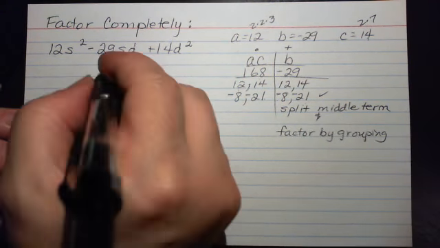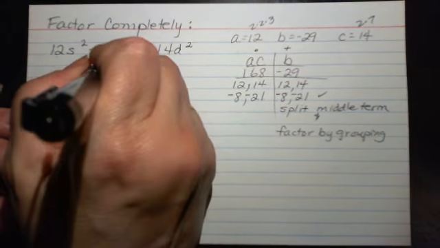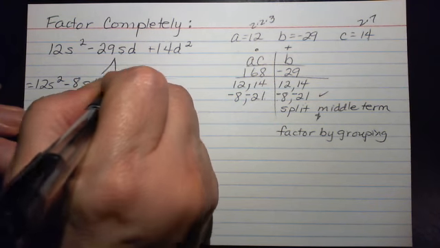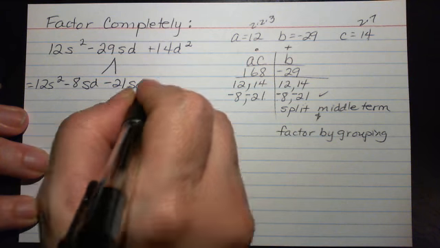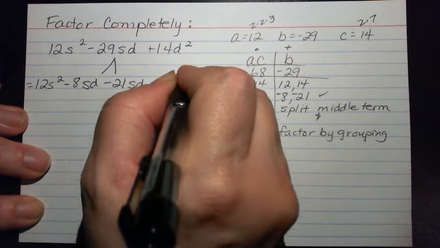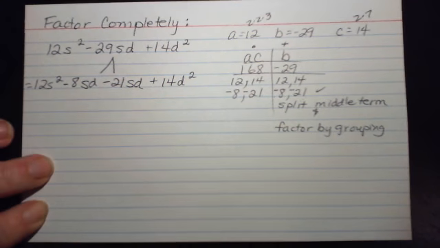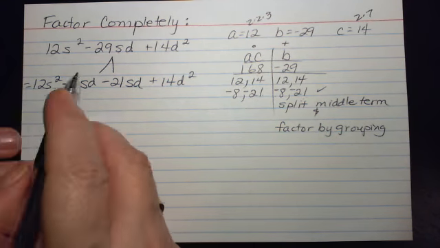So we're going to split this middle term. Now we have 12s squared, we split the middle term: minus 8sd, which has the same variable part as the middle term, minus 21sd, and then write our third term, which is now our fourth term, since we split the middle term into two. Now we're going to factor by grouping.